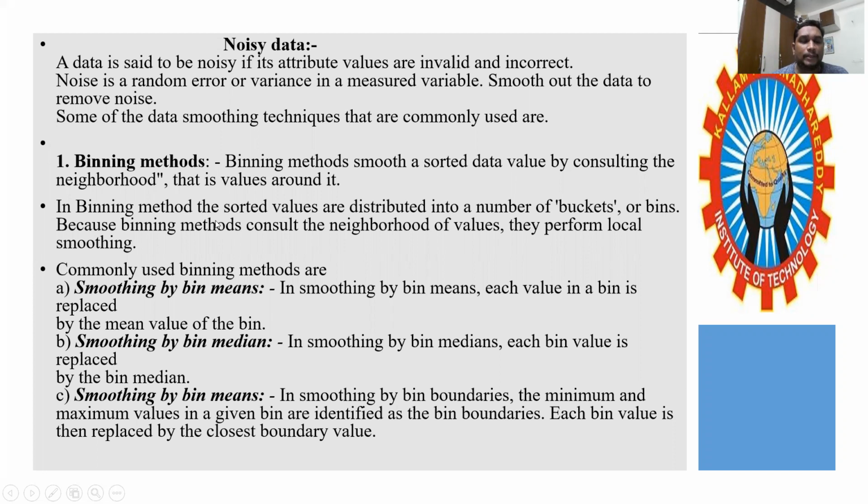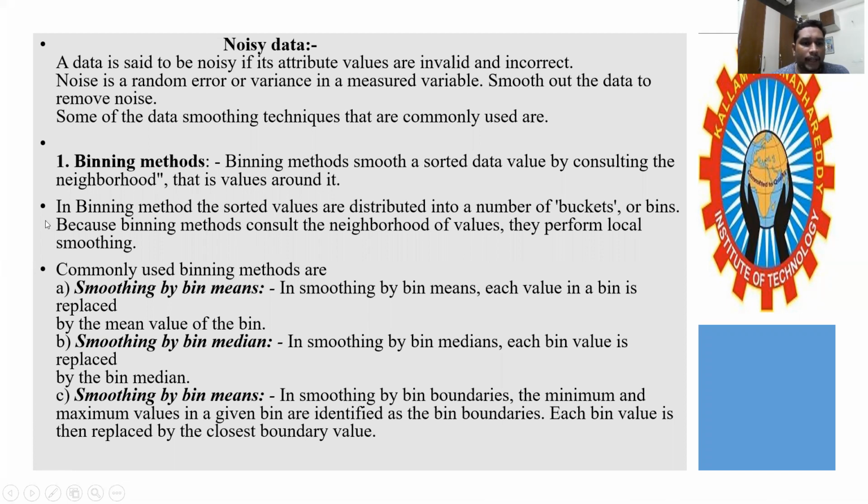In the binning method, the sorted values are distributed into a number of buckets or bins. Because the binning method consults the neighborhood of values, it performs local smoothing. Local smoothing means that for the data from 0 to 100, you assume the data is placed in buckets.